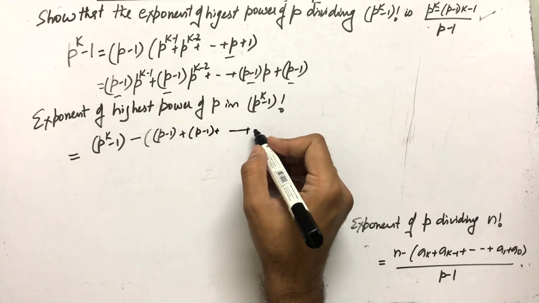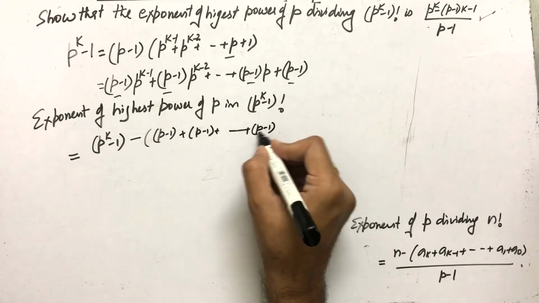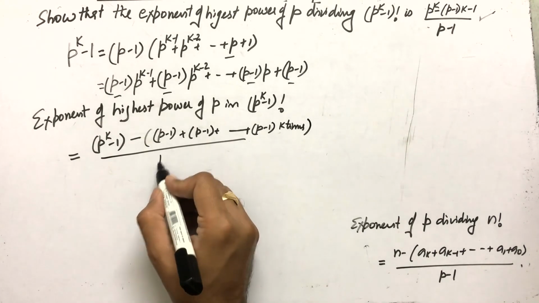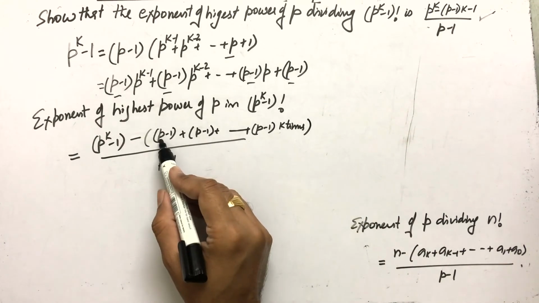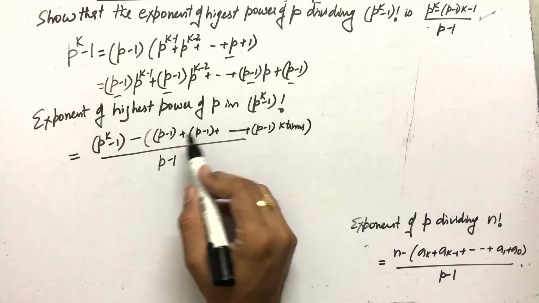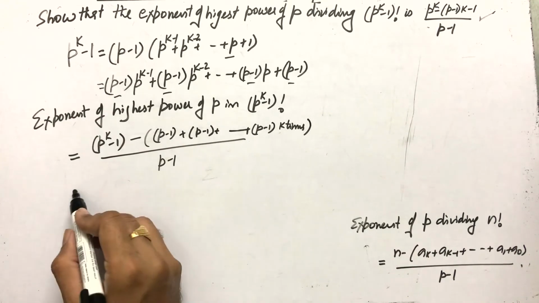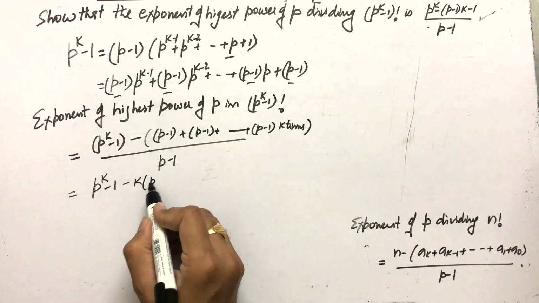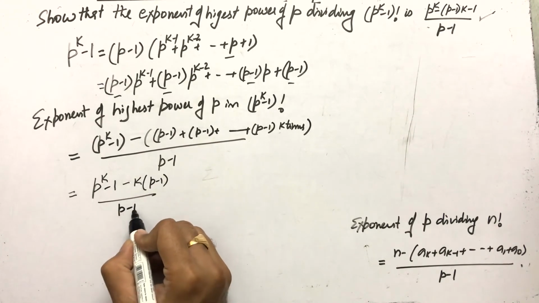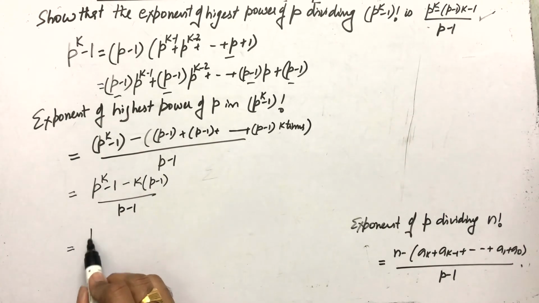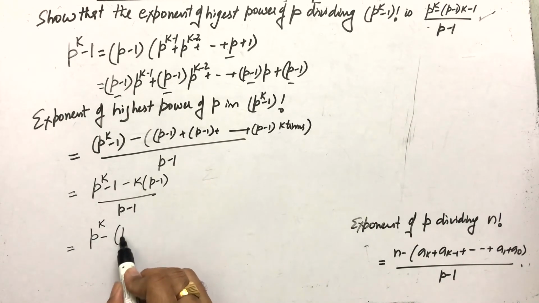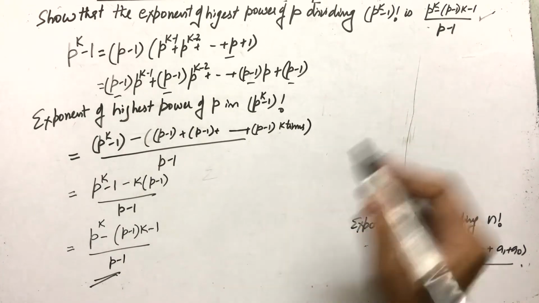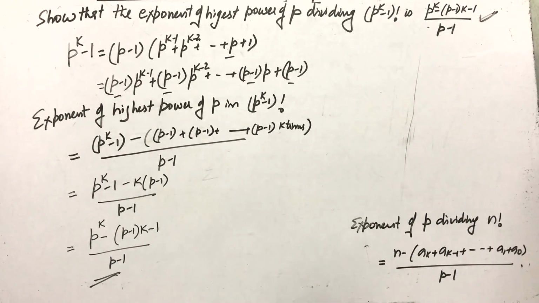How many times? K times. And divide by p minus 1. And very easily, how many times p minus 1 appears? K times. And what is the sum then? K into p minus 1. That is p power k minus 1 minus k into p minus 1 upon p minus 1, which can very easily be written as p power k minus p minus 1 into k. We are putting it in the desired form. So we will get this answer.